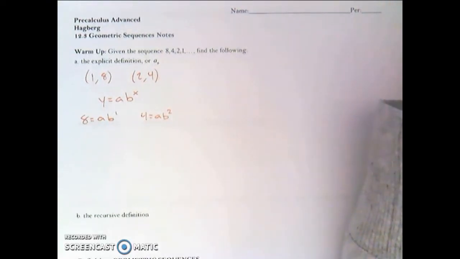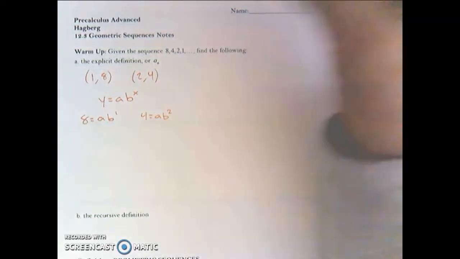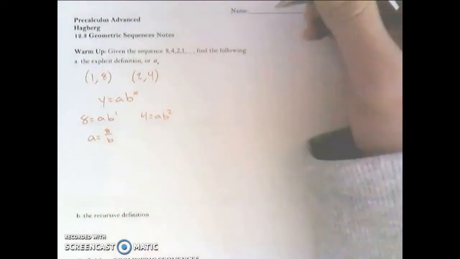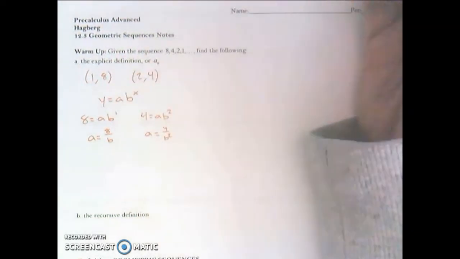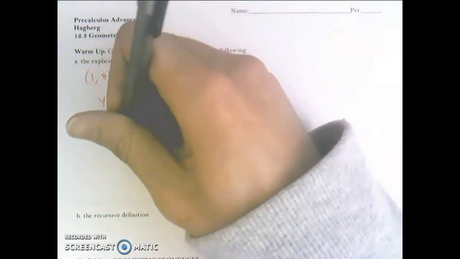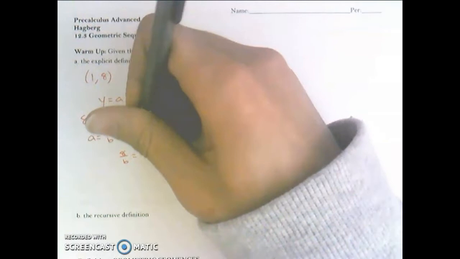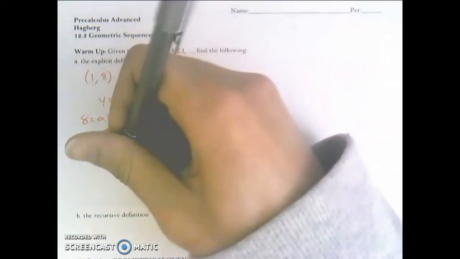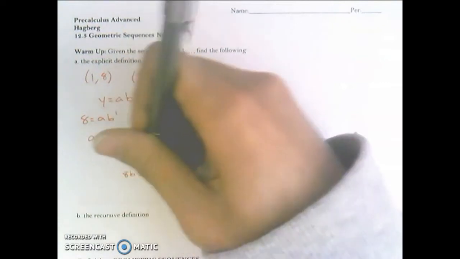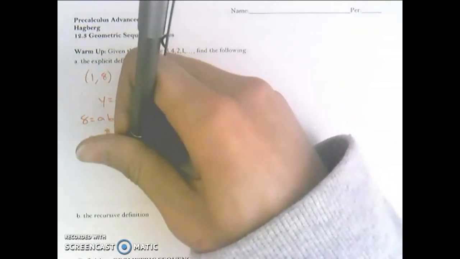From there, we can solve this system of equations using substitution. I'll solve for a. So we have a equals 8 over b, and a equals 4 over b squared. We set them equal to one another: 8 over b equals 4 over b squared. Cross multiply, we have 8b squared equals 4b.